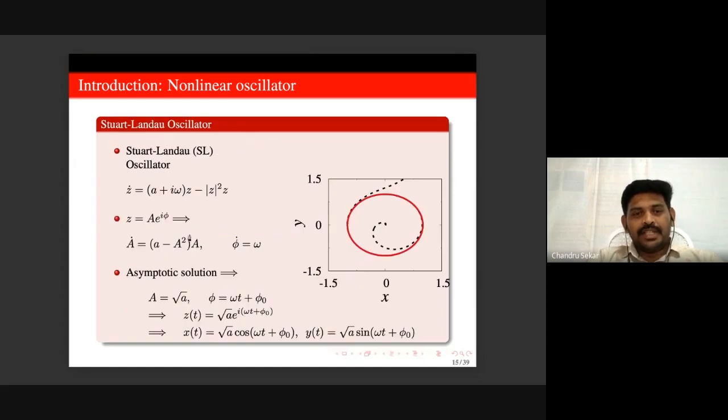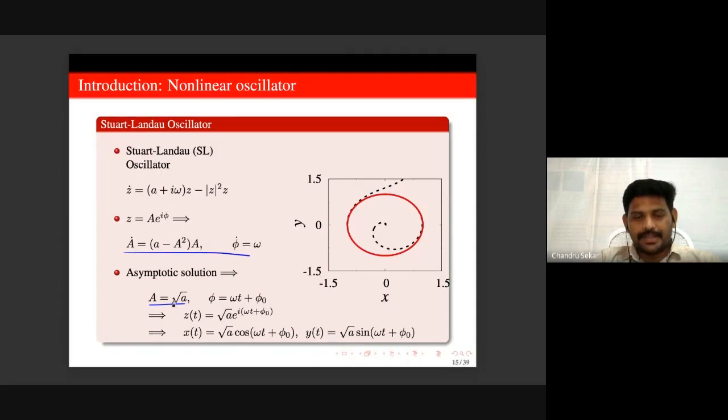Now define z as a e to the power i phi. I can find the equations for a and phi, given by this equation, and this equation is solvable. If we solve it, it gives the asymptotic solution: capital A equal to square root of small a, phi equal to omega t plus phi naught.